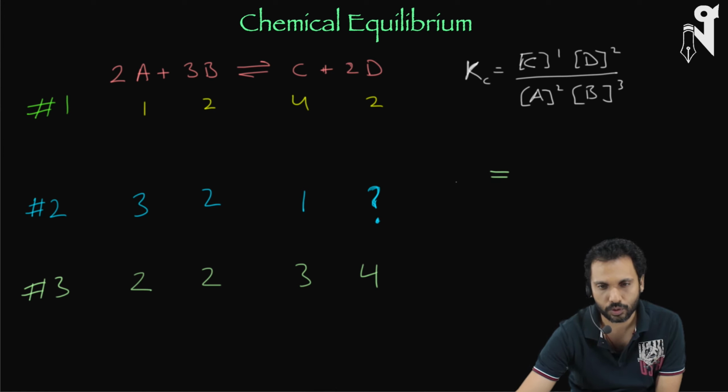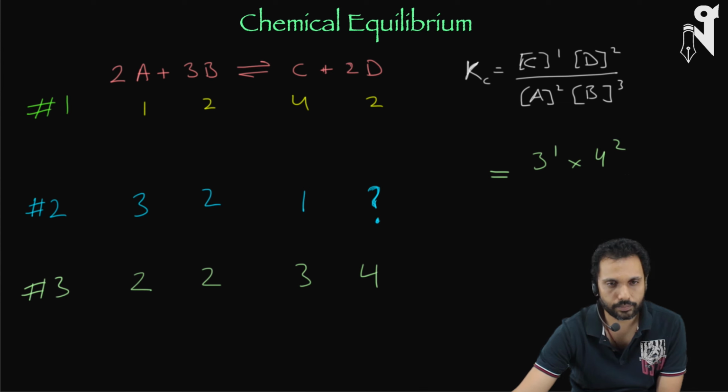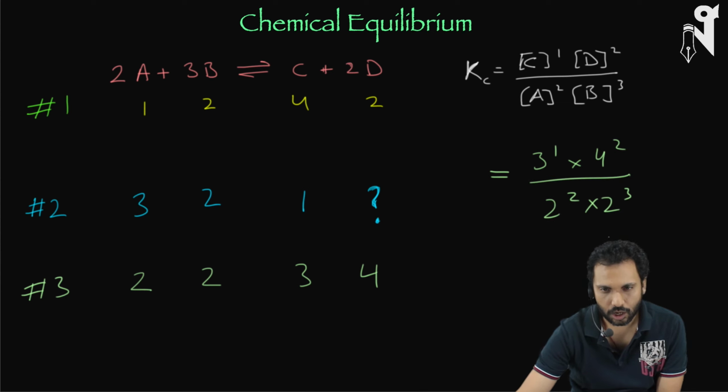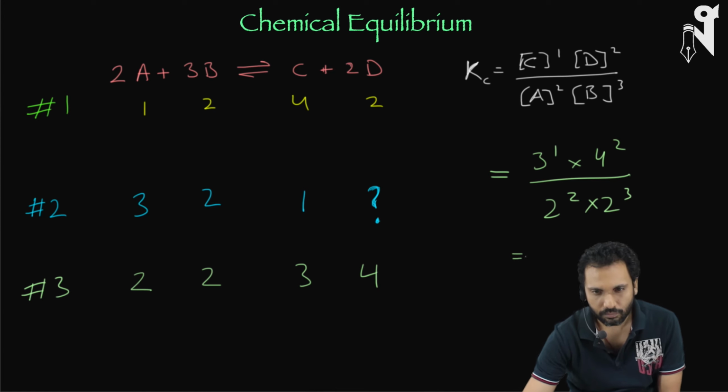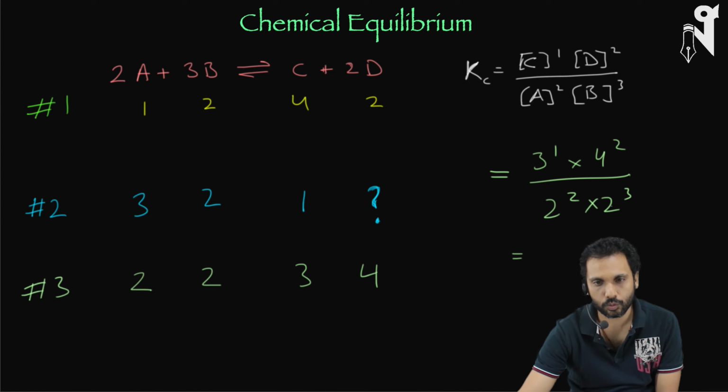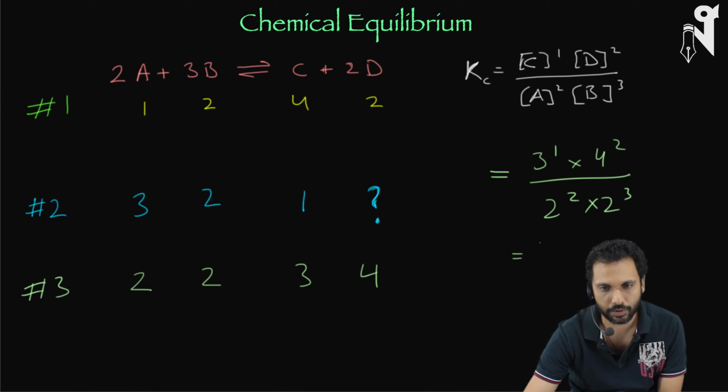Assuming it was at equilibrium, I get 3 power 1 into 4 power 2 divided by 2 power 2 into 2 power 3. So how much is that? We have 4 square, which is 16, and that gets cancelled with the 8 and a 2. So we are left with 3 divided by 2. So our value is coming as 3 by 2, which is 1.5.